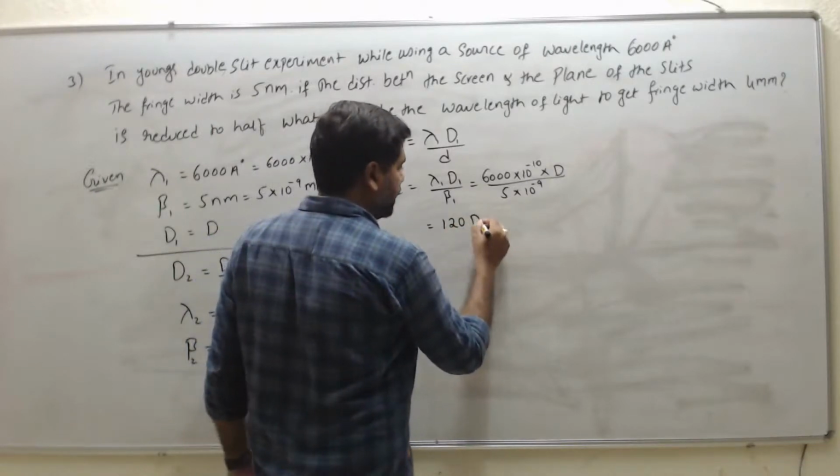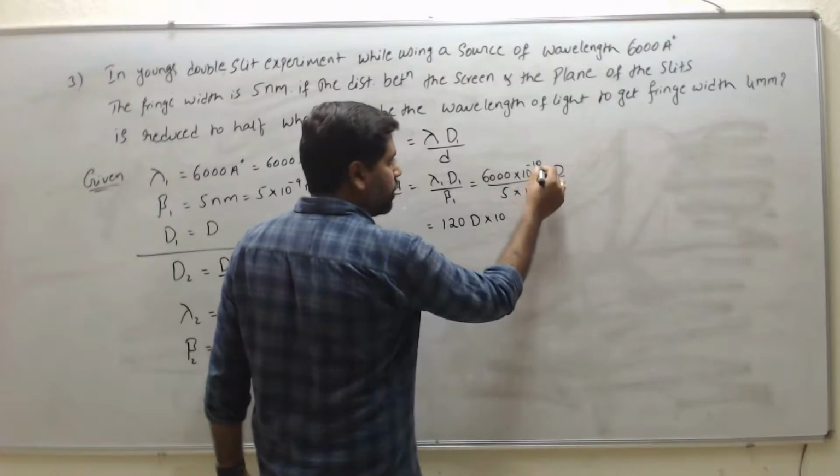So 5 twos are 10, that gives 1200 D into 10 to the power of minus 10.